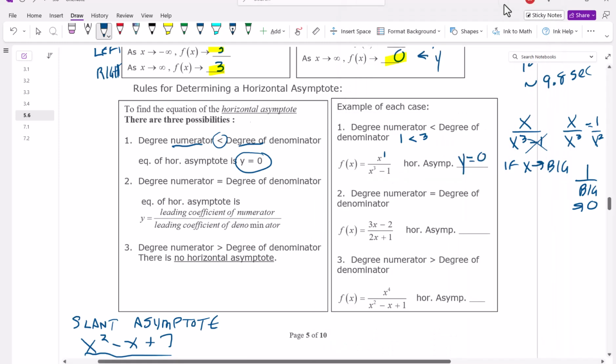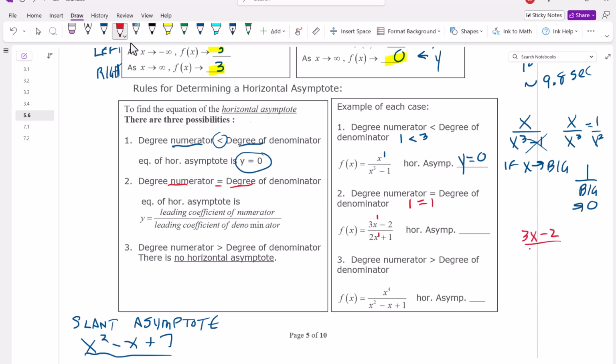Okay, next case would be if the degree of the numerator equals the degree of the denominator, then the horizontal asymptote's a ratio of the leading coefficients. So if you look at this example 2, the degrees are both equal to 1. A degree is the highest power. So what you do is, again, if x is going to infinity, who cares about the numbers?